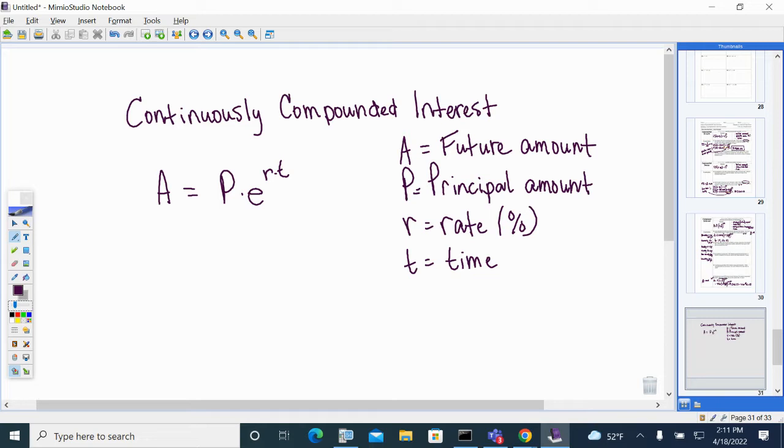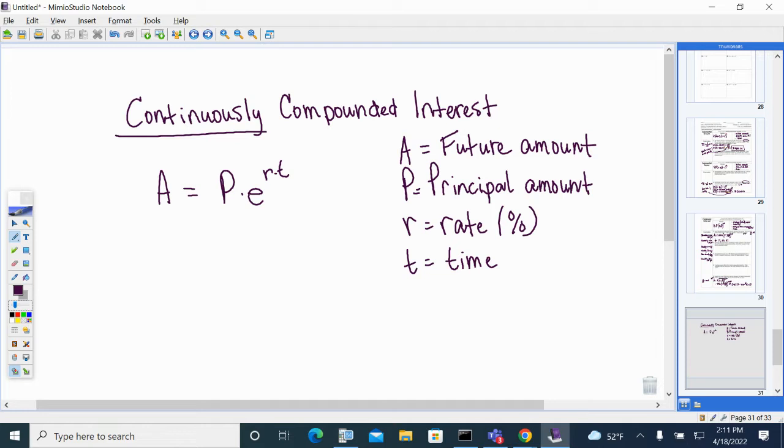On the EOC, you might see questions where it's asking you to calculate the future amount, or how much money someone would have if they invested a certain amount of money at a percent, but it's compounded continuously. So the word continuously is going to be the key word that you're looking for to know that you're using this formula.